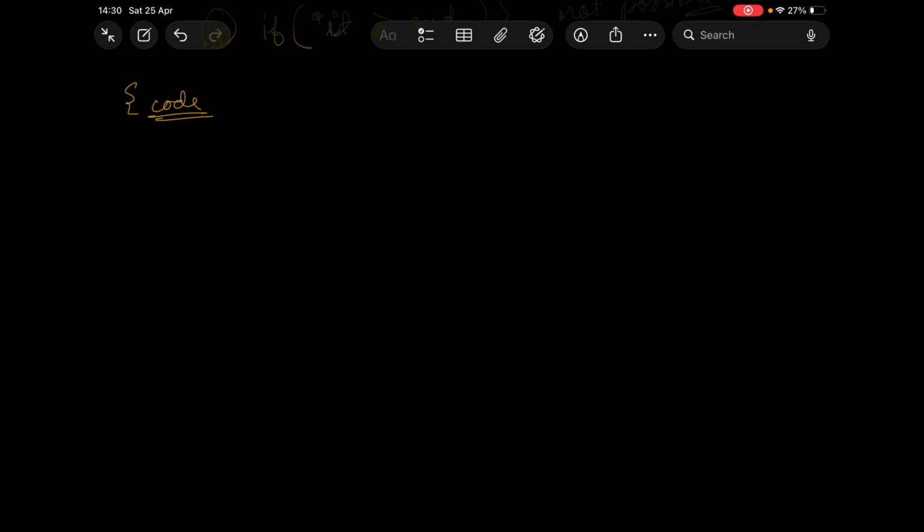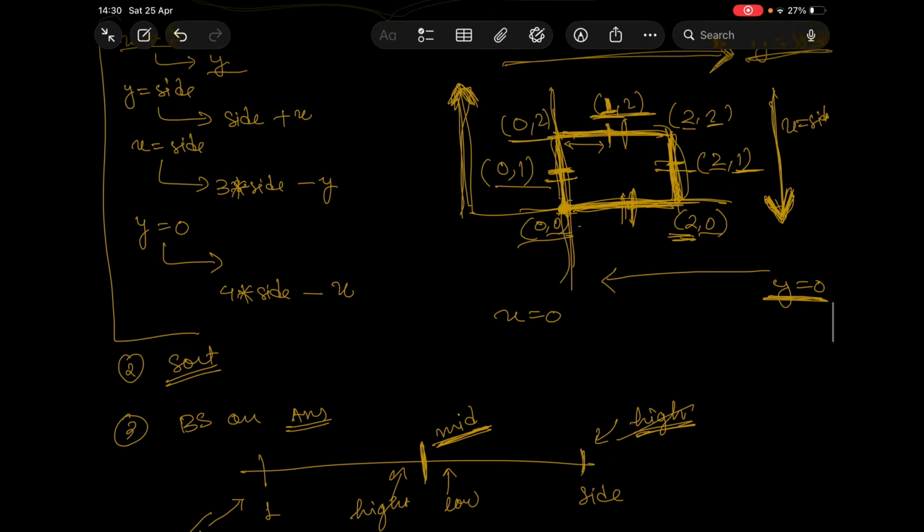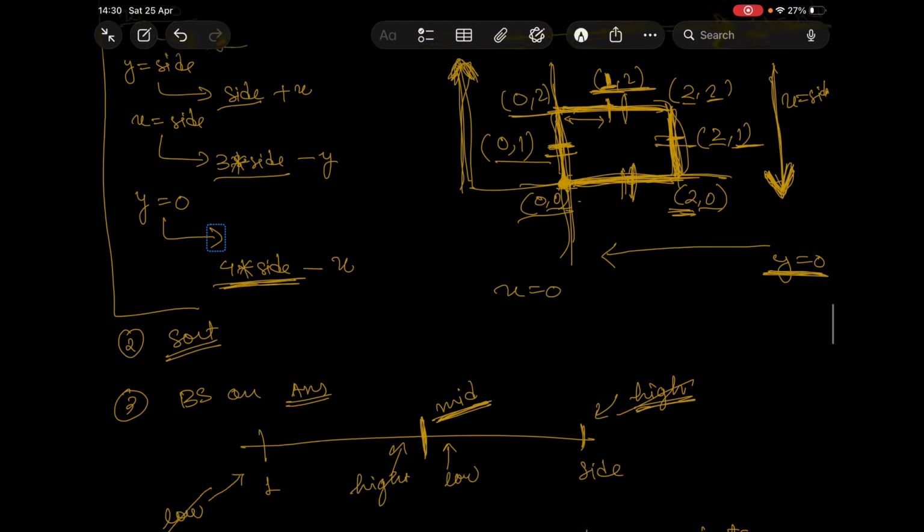Also, one more thing to notice: every time we were calculating the points, if you see these things, here we are doing side plus x, 3 times side plus x minus y, 4 times side. The constraint is that side can be up to 10 to the power 9. Now if we multiply 4 into side, that would be greater than the integer limit.